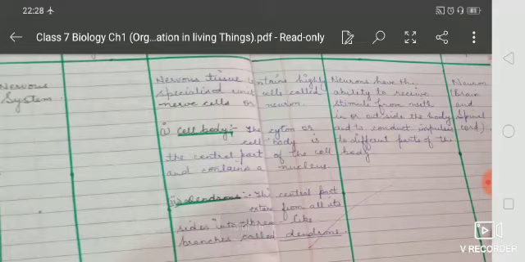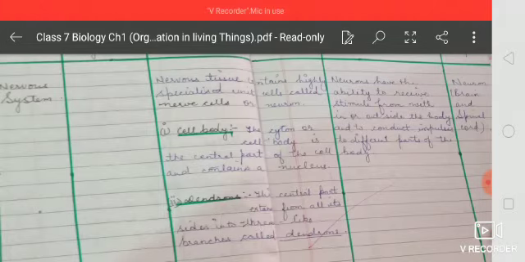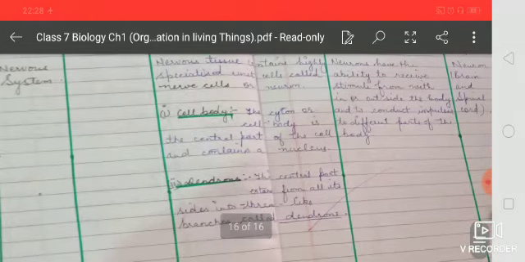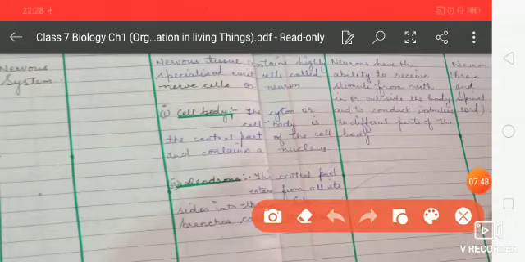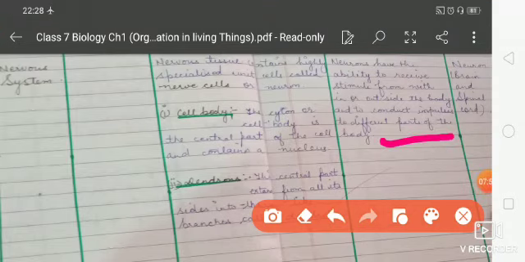In the cell body, neurons have the ability to receive stimulus from within or outside the body, and to conduct the impulse to different parts of the body. The cell body, also known as the cyton, is the central part of the cell, and it contains a nucleus.